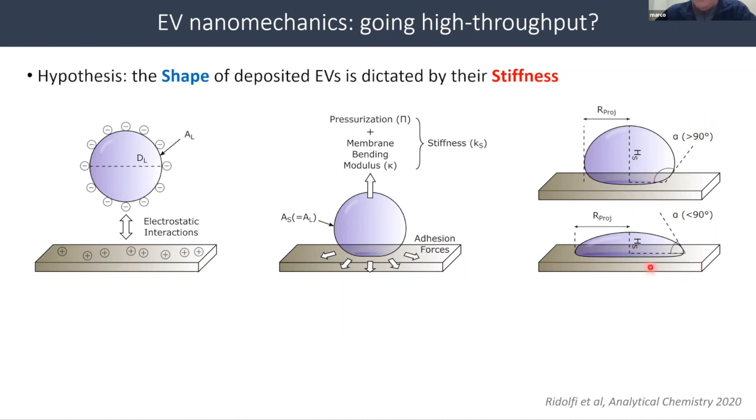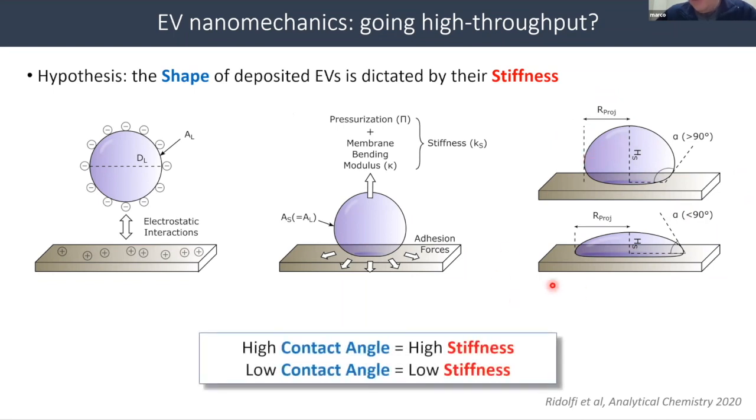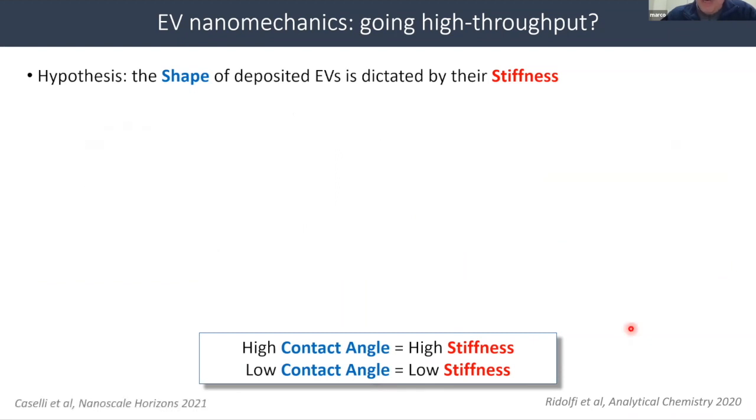The contact angle can be calculated with the same parameters we already used for calculating the surface area of the vesicles. So the hypothesis is that vesicles showing a high contact angle in AFM images will be very stiff, and vesicles with a low contact angle will be softer. How can we verify this hypothesis?